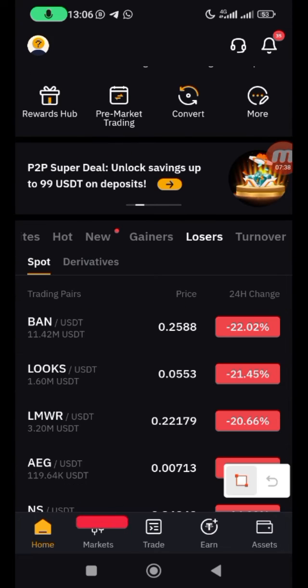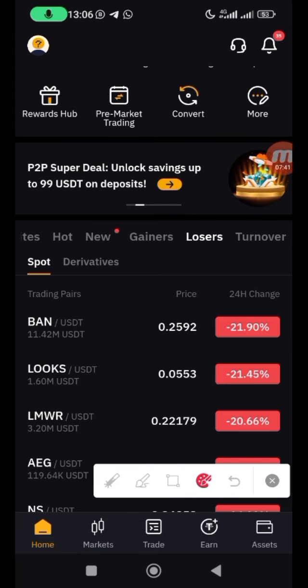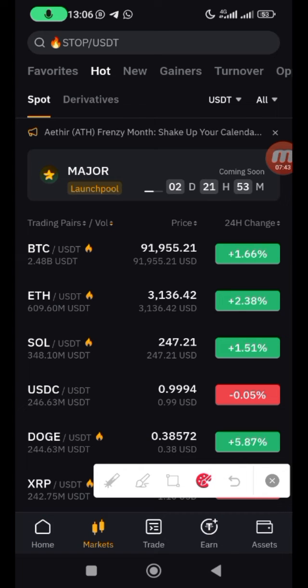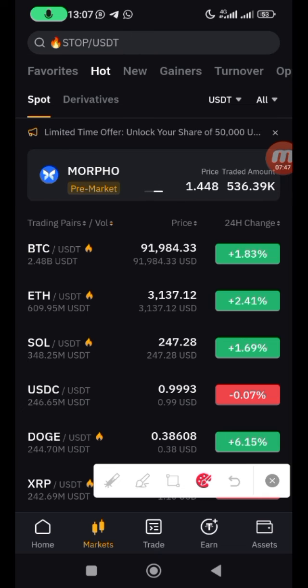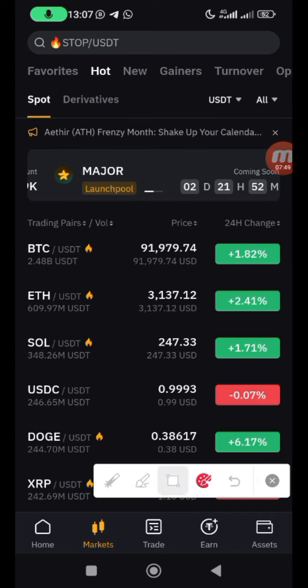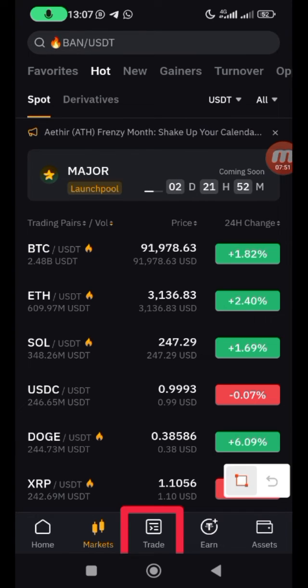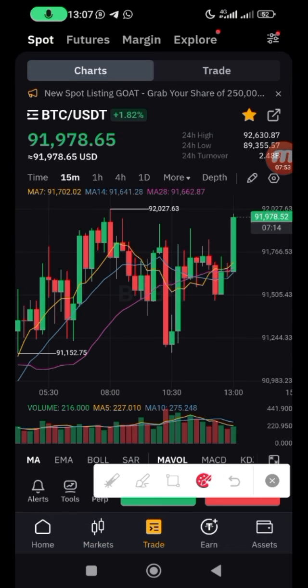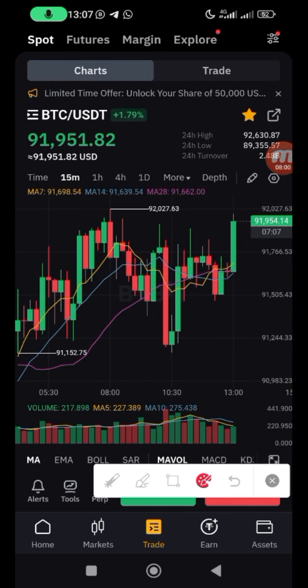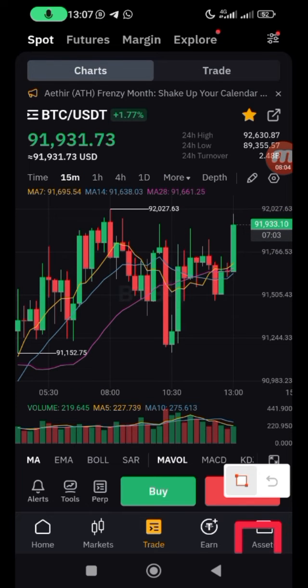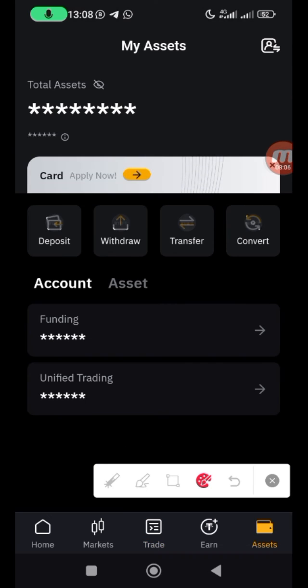Then you come down here to markets, click on it. This is where you can add your favorite coins and see your coins. Then when you get to trade, you click on trade. This is where you trade your coin. Then when you go to assets, click on assets.